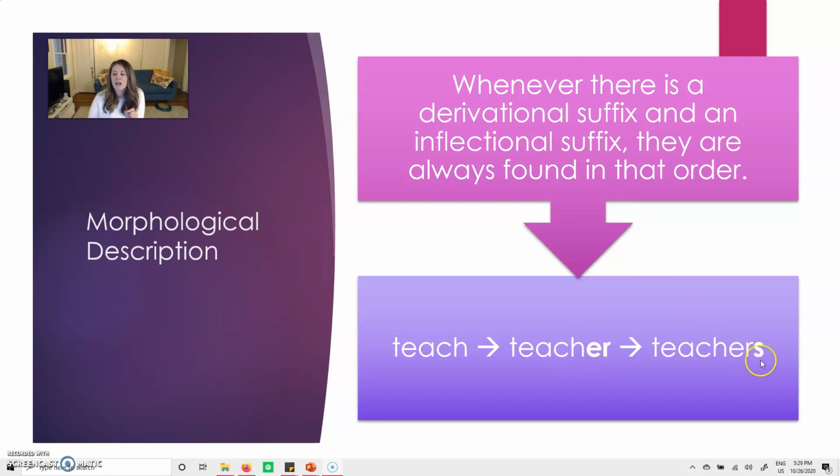And then we add on the inflectional, right, or the grammatical thing, which is the S. It tells us that there's more than one of these people, right? And they're always found in that order. So we're not going to find the plural affix before the ER, okay?